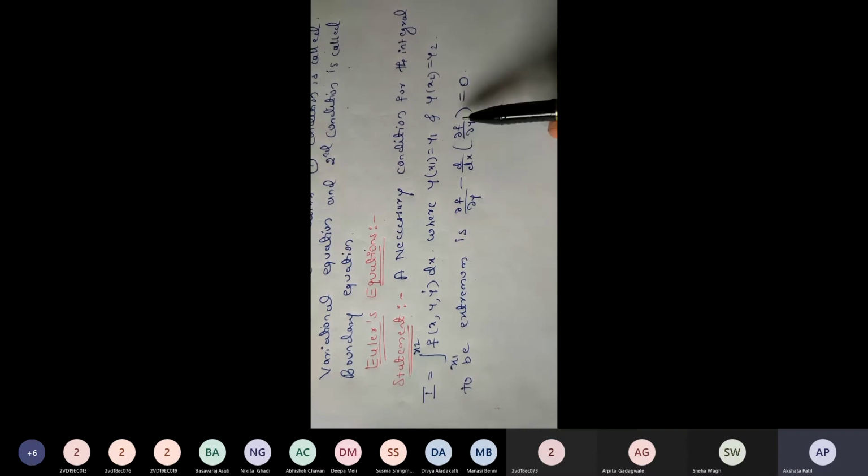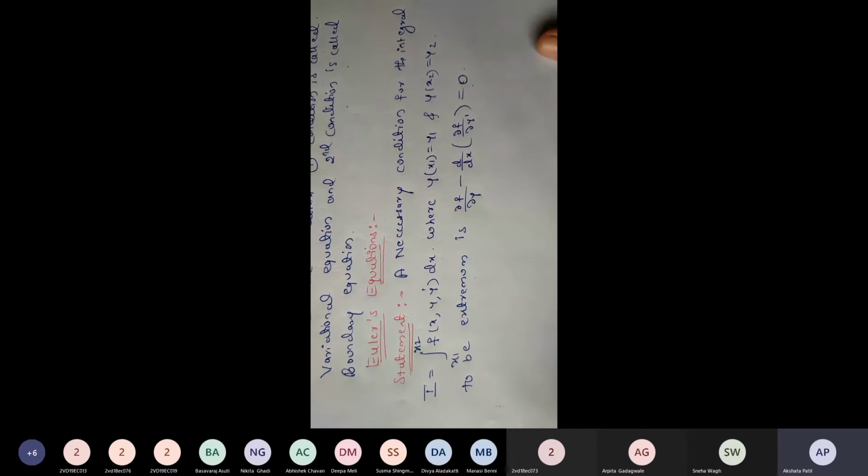Extremum means either maximization or minimization. So for an extremum, dou f by dou y minus d by dx of dou f by dou y dash equals 0. This is the statement of Euler's equation. That means we need to prove this for the functional I.